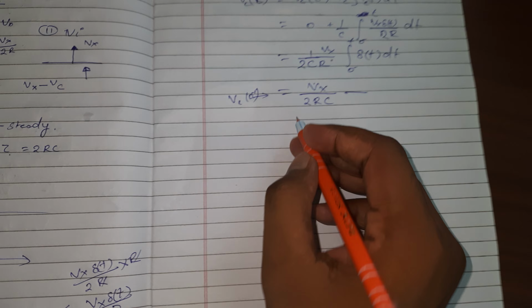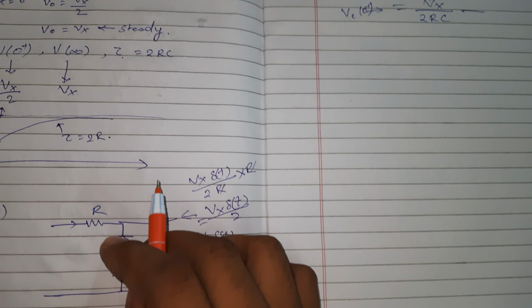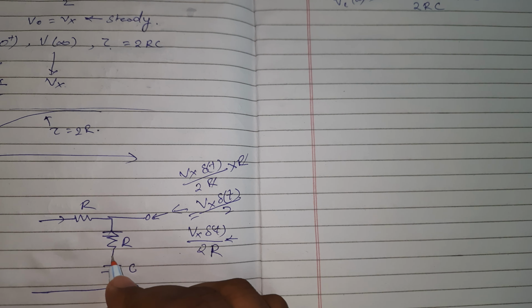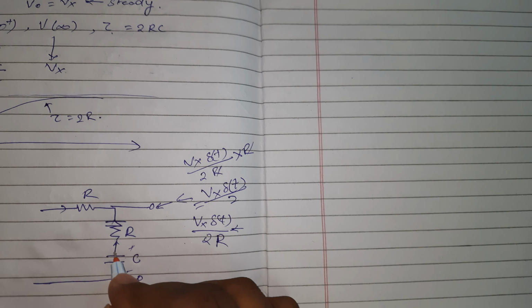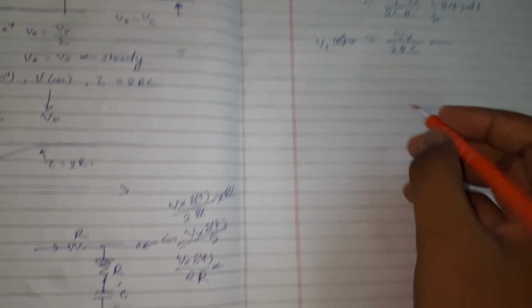Now this capacitor will start acting like a voltage source and slowly discharge, with current flowing from plus to minus through this way. So we can now replace this circuit with R, R, and the capacitor C, with initial voltage across it of Vx by 2RC.